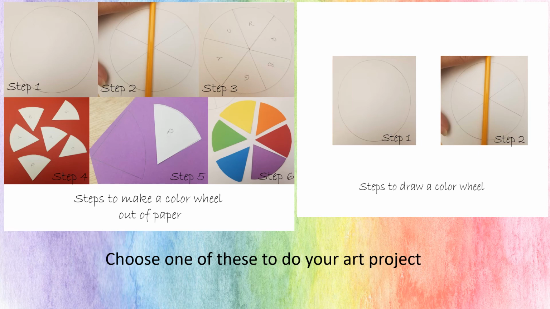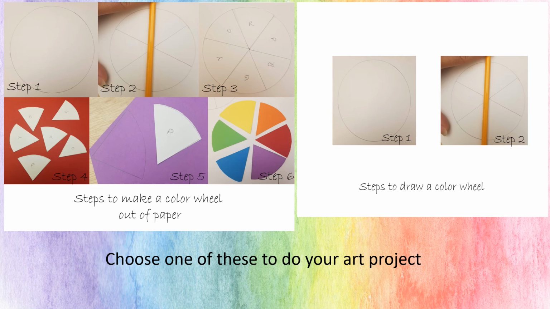Yellow, orange, red, purple, blue, green. Next step is you're going to carefully cut out those little pie pieces. Step 5, you're going to trace those colors based on what color you wrote on the page. And then step 6, you're going to have all of your pie pieces ready to make your design.